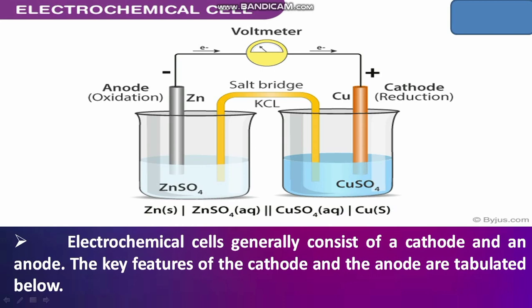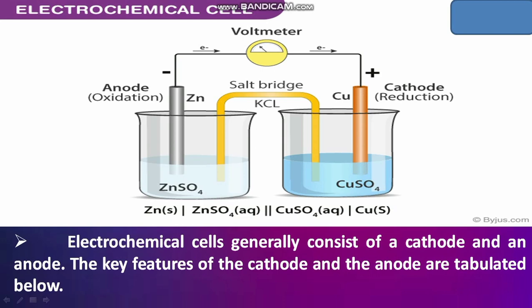The two half cells are connected by a salt bridge, that is potassium chloride, and the two electrodes are connected by a wire with a voltmeter attached to the zinc and copper electrodes.